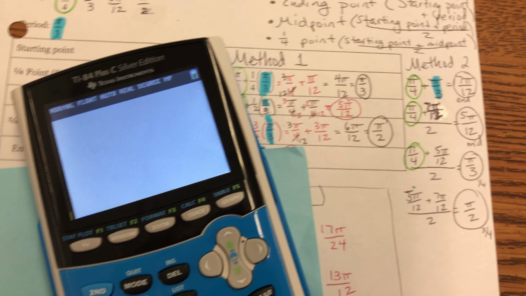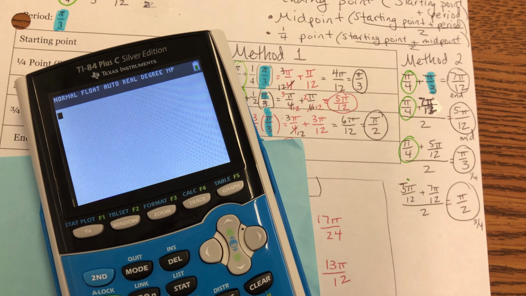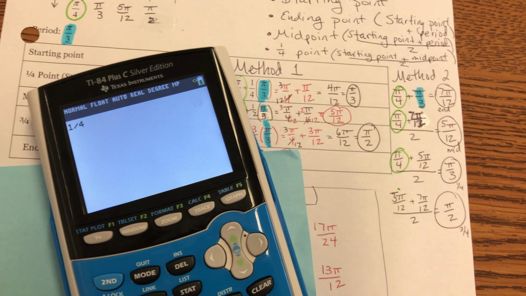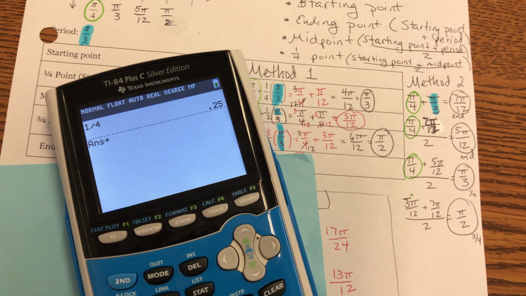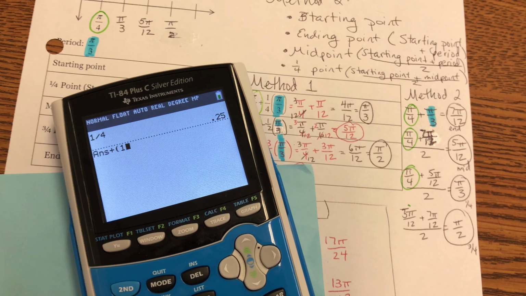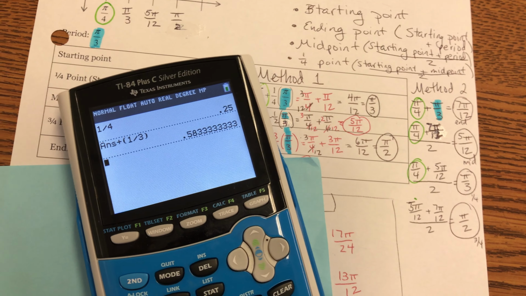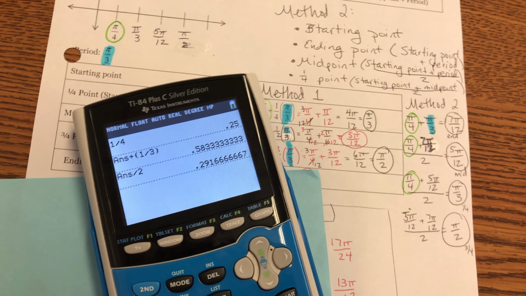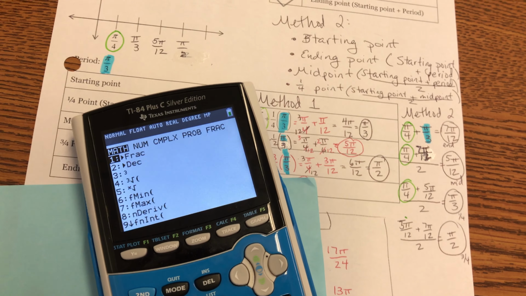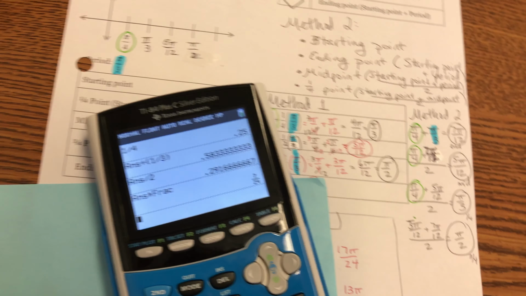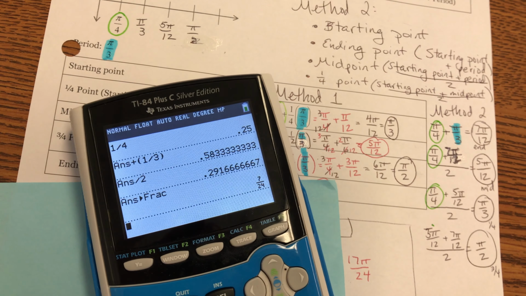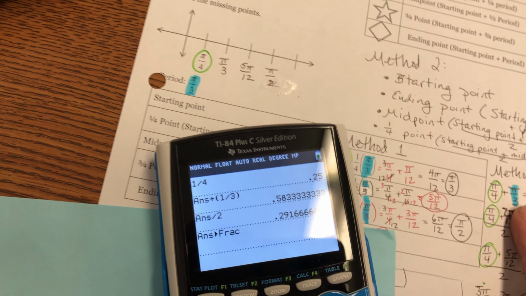So for method 2, to get your end point, you would do your starting point, ignore the pi, so 1/4 plus your period, ignoring the pi, divide by 2, and then do math frac. And that is 7/24, which is not what I have there. What did I do wrong? 1/4 and 1/3.